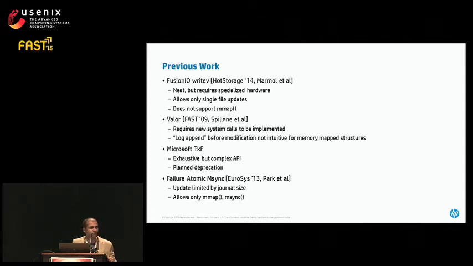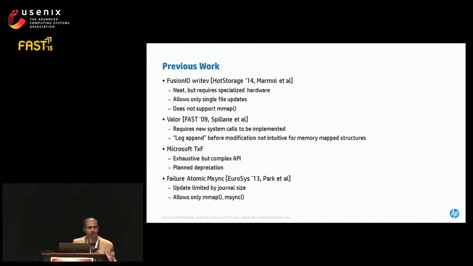Microsoft's TxF provides an extensive transactional interface in the NTFS file system, but the complexity of the interface has resulted in a lukewarm response from developers. Failure-atomic msync is work done by my colleagues previously.